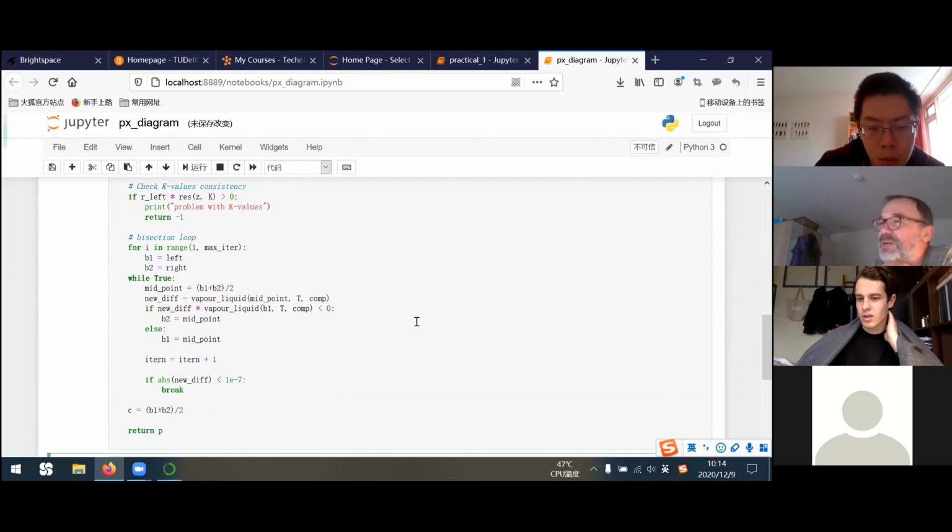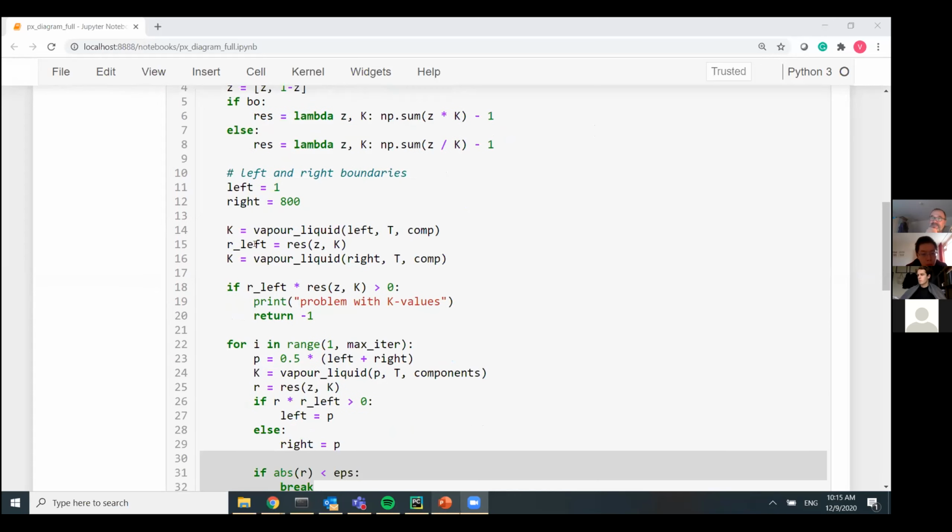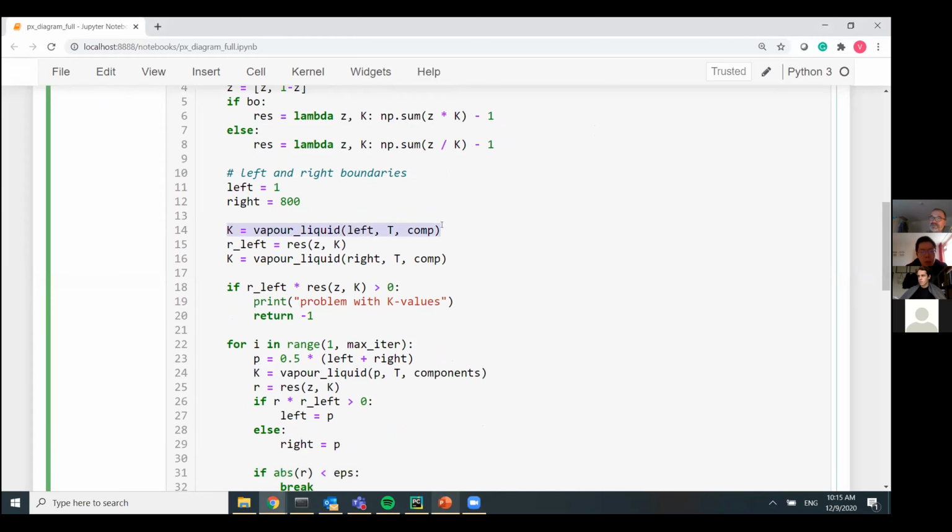You compute vapor liquid, but now after that, you need to recompute residual, because you didn't recompute residual here. After you compute vapor liquid, you need to recompute residual with this K value, because K value doesn't give you the answer, residual gives.